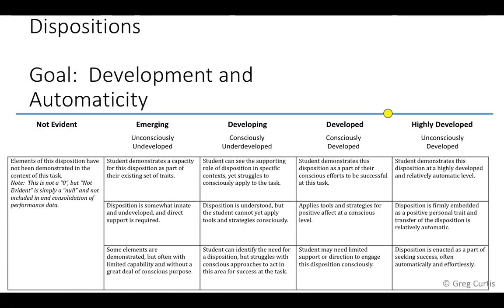And so I use a developmental scale, moving from emerging to highly developed. And I use sort of the language of the four levels of learning that I've adopted in here about unconsciously undeveloped, consciously underdeveloped, et cetera. And I think that's one of those things that is helpful to students, and the descriptors in terms of how they demonstrated that element, whether it's empathy in designing a solution to a problem, whether it's resilience in working through tough problems.